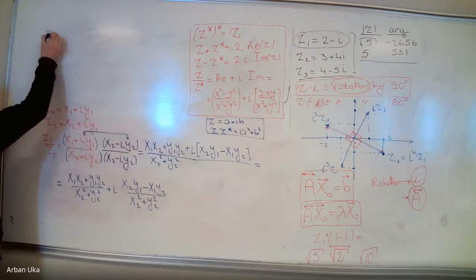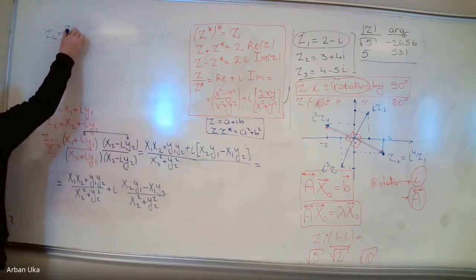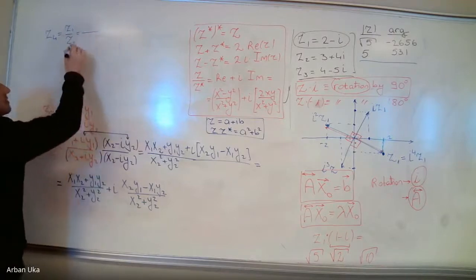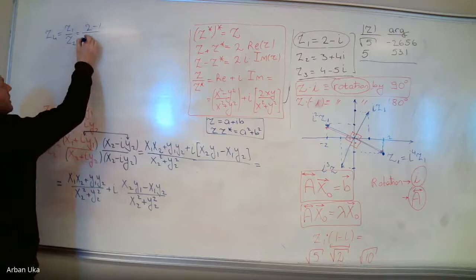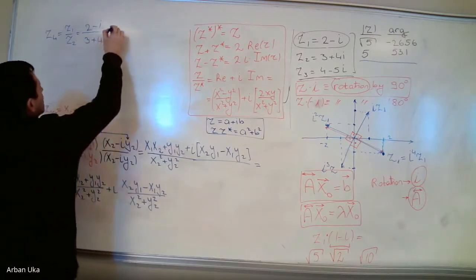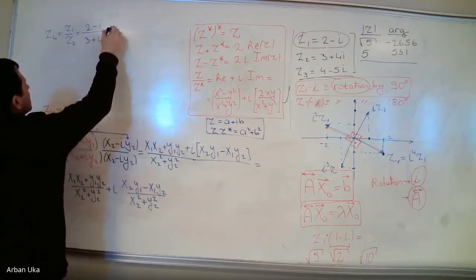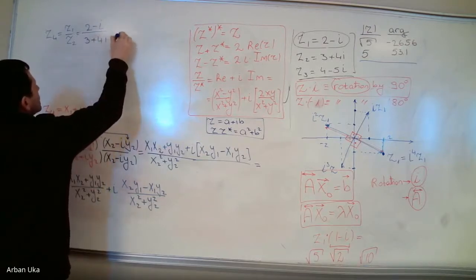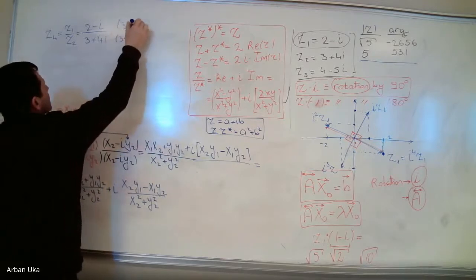So let's call this one z4, which is equal to z1 divided by z2, which is (2 minus i) divided by (3 plus 4i). And this is what we need to find. Let's multiply by the complex conjugate, (3 minus 4i) over (3 minus 4i).